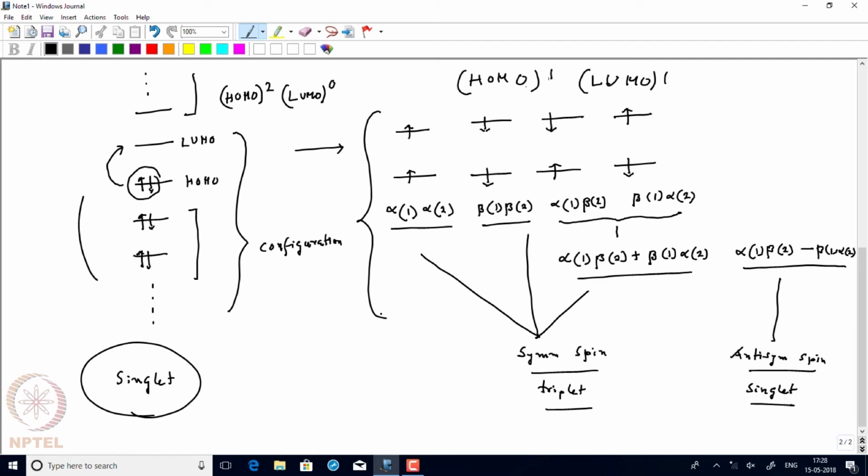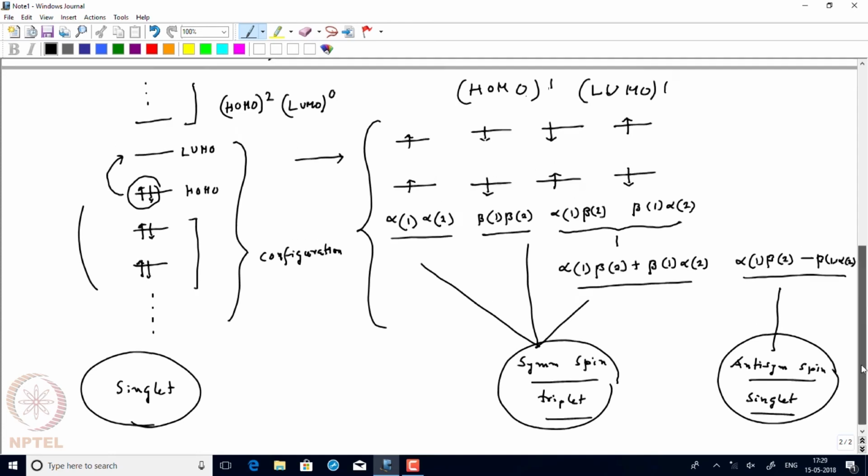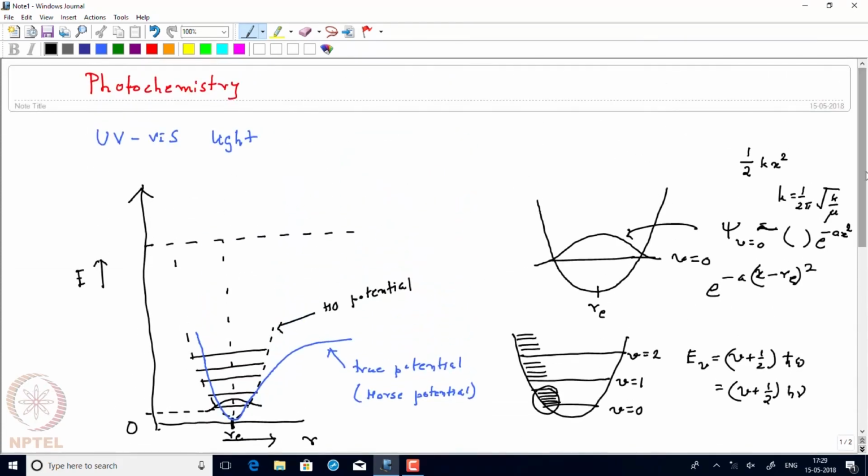So they have the same orbital energies, and they are degenerate. But in reality, there is something called Hund's rule, which shows that the triplet will be more stable than the singlet. So we will have basically 2 energy levels, where one will be the singlet and one will be the triplet energy level, and each energy level will again have some vibrational manifold.